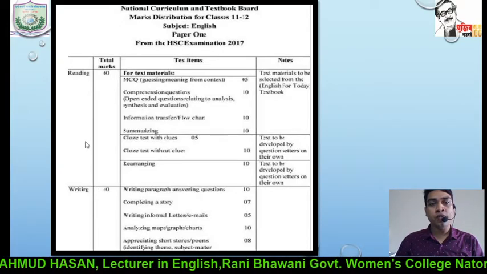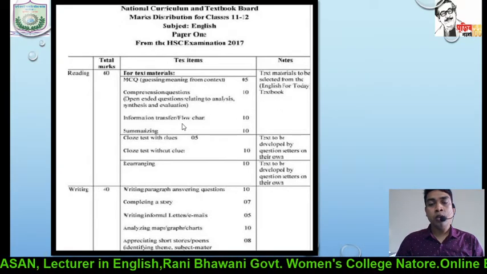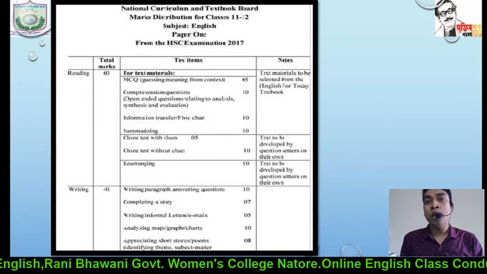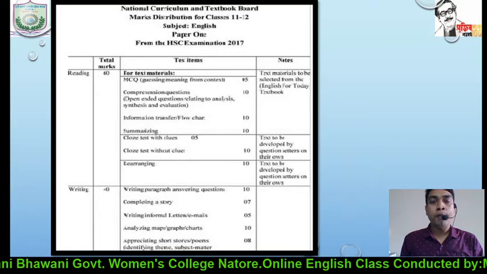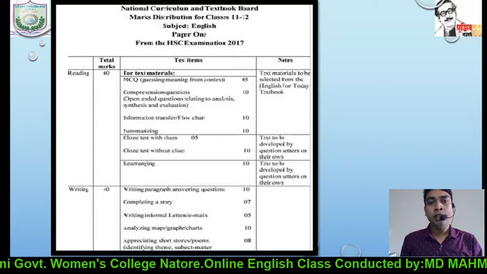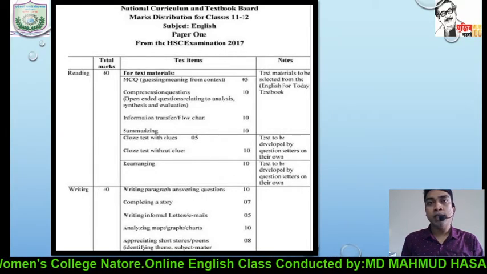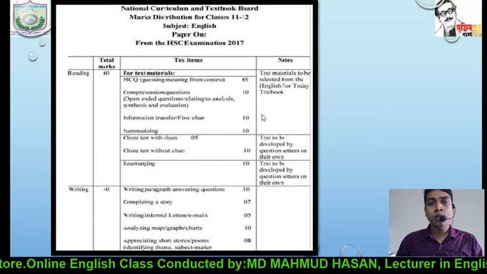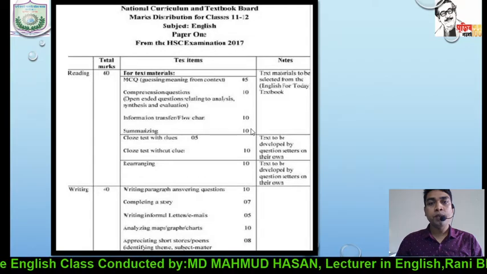This flowchart or information transfer question item will cover 10 marks. Then you are given a passage and you need to summarize that, and this summarization will cover 10 marks.